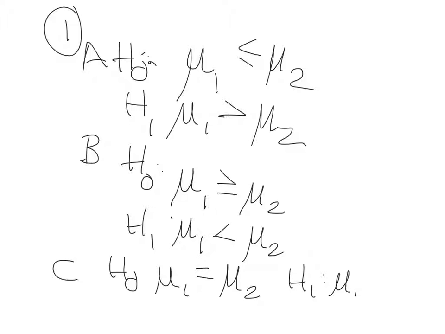And the same kind of wording comes into effect here. The only thing is you'll see it's more going to be test the claim that the mean of the first group is equal to that of the second group, or test the claim that the mean of the first group is less than that of the second group.